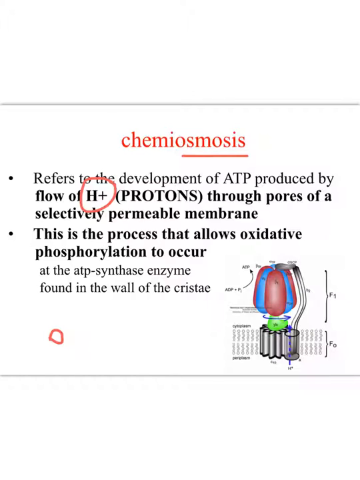And then what's going to happen is when the hydrogen ions finally hit a critical tipping point, they're going to rush through this membrane embedded protein pump that's called ATP synthase. So this is the ultimate site or ultimate definition here of oxidative phosphorylation. So the electron transport chain is where oxidative phosphorylation is happening.